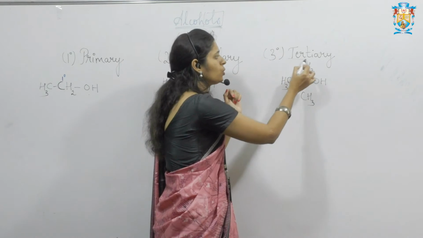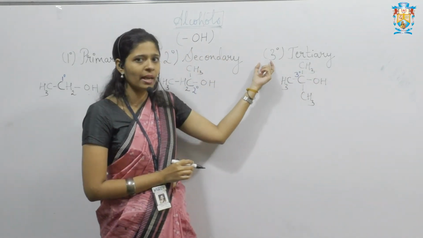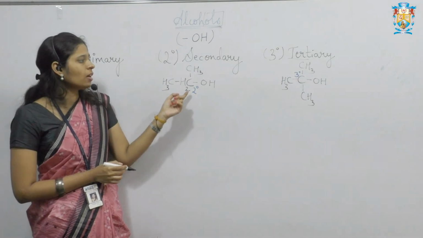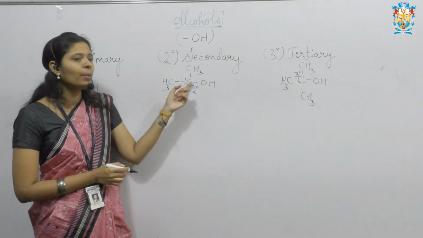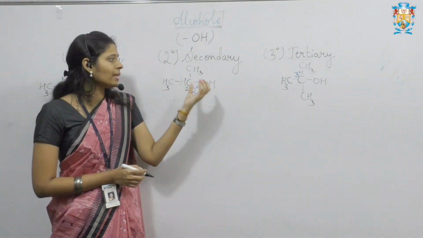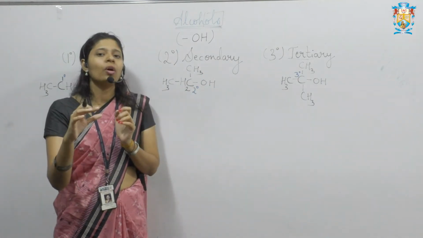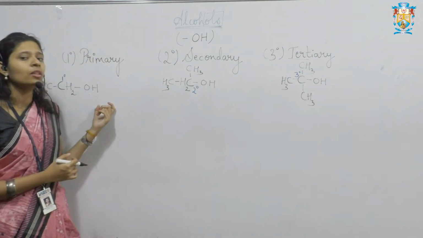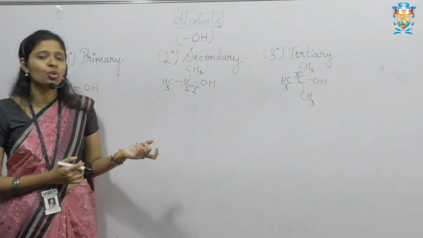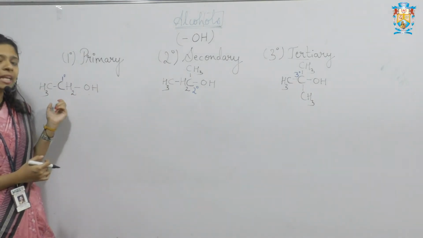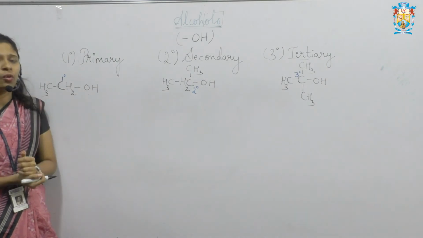The tert word indicates a tertiary carbon atom. For secondary we have the 2 degree. As I told you, that carbon is attached to two other carbons and at the same time to the hydroxyl group, hence it comes under secondary alcohol. And in primary, the one carbon which is attached to OH is further attached to only one carbon atom, and hence it is a primary alcohol.